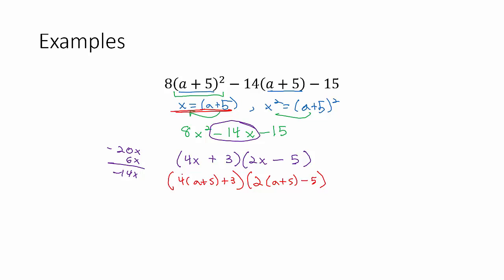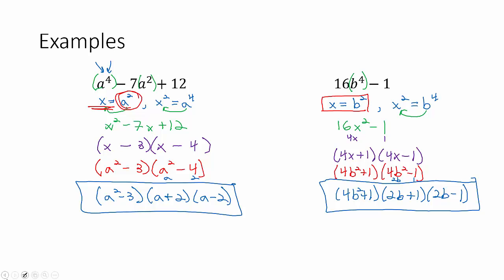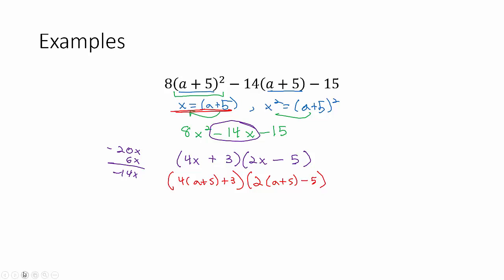Let's clean this up a little bit. Let me go back to blue to clean it up so we have a different color. 4a plus 20 plus 3 times, distribute the 2 through, 2a plus 10 minus 5.